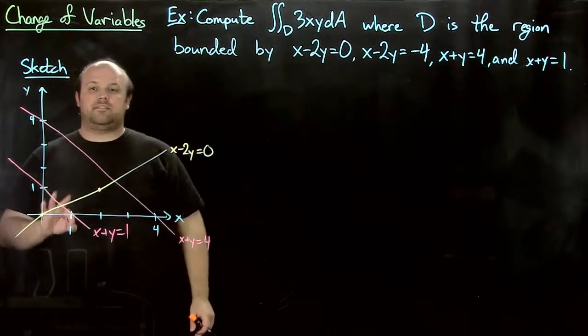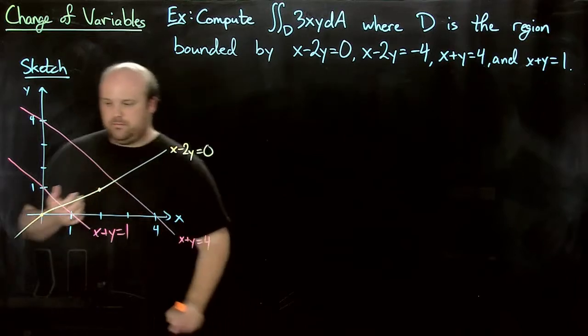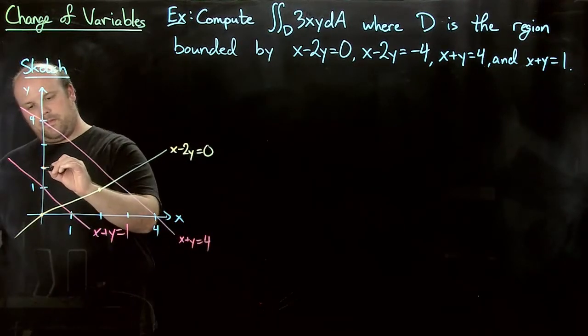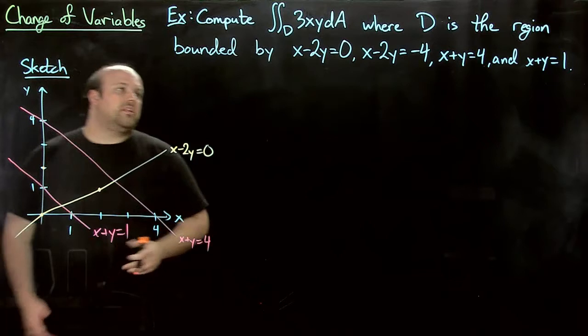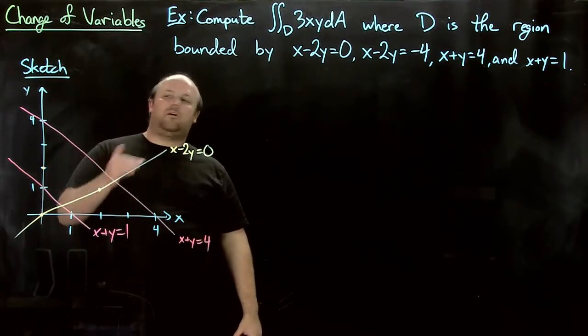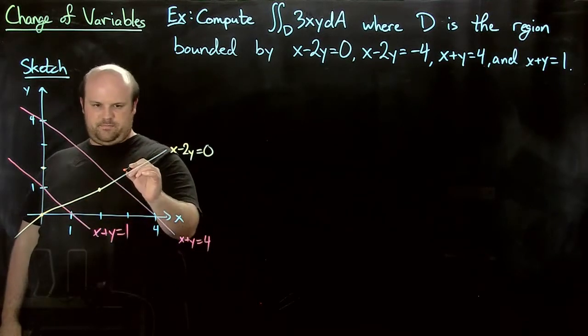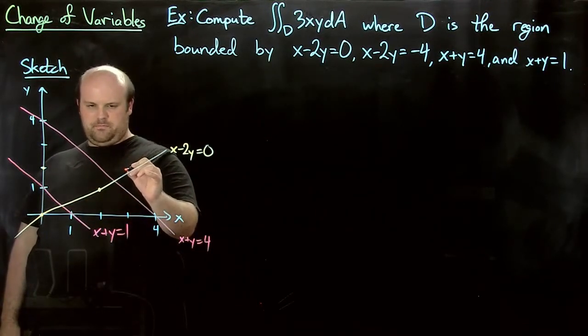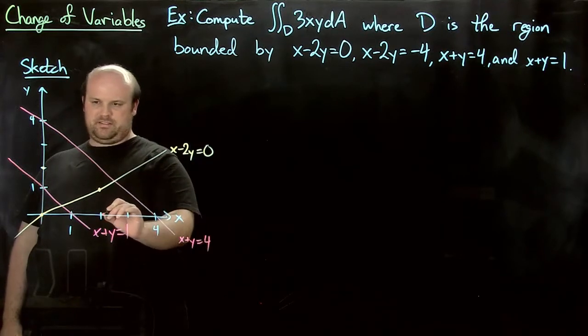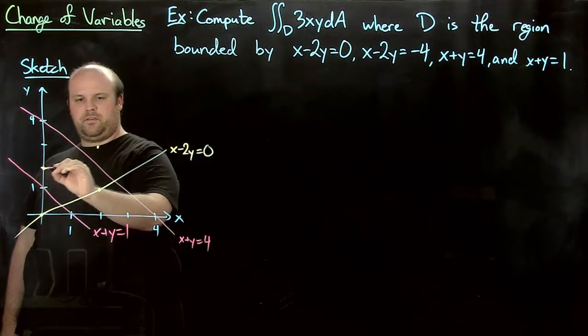So if x is 0 there, y should be 2. And then we can just make it parallel, or if x is 2, then y should be 3. So we get, x is 2, y is 3, up here.